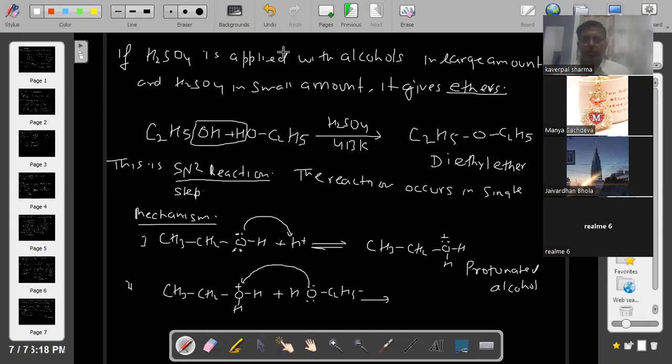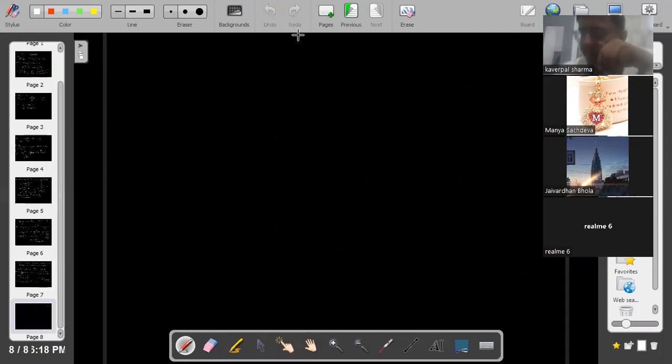The complex compound will be on the next slides. You will get C2H5, O, H, then again C2H5O. This is a complex compound.